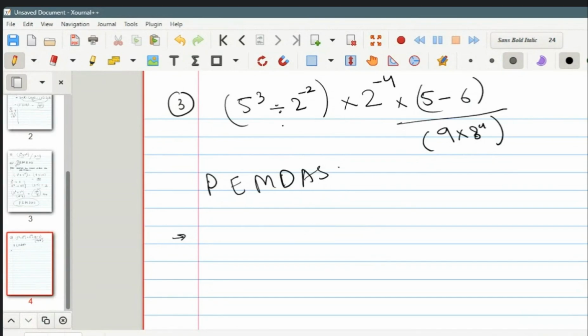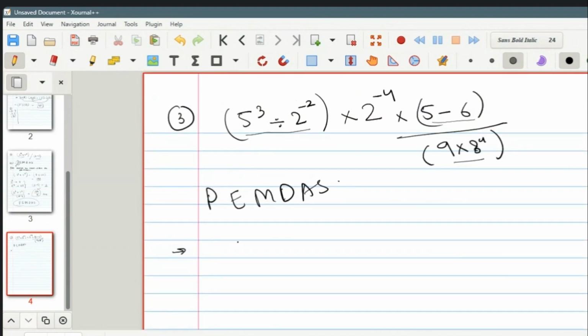These are parentheses, these are brackets, and these are within the brackets. So first we will take the parentheses and solve them one by one. Let me name them: parenthesis A, parenthesis B, parenthesis C. First we will look at parenthesis A.